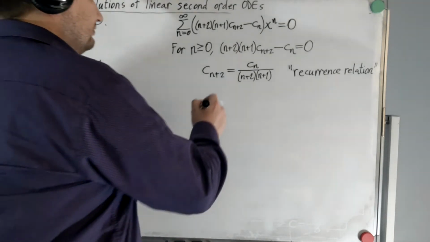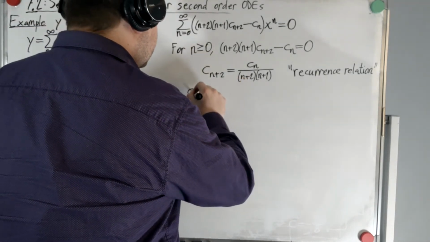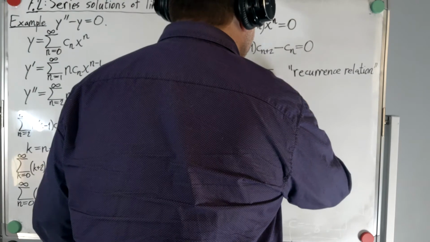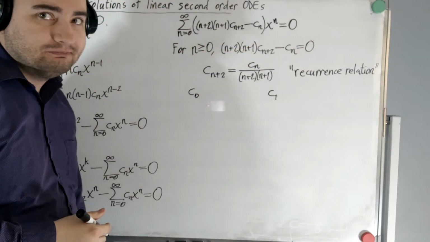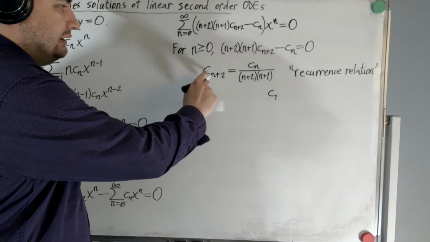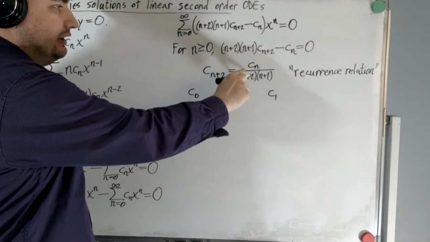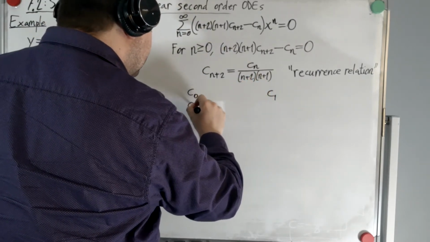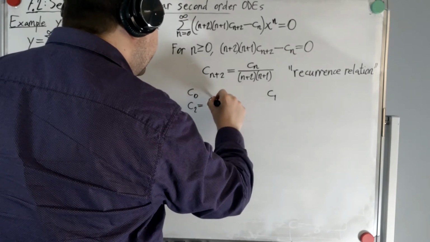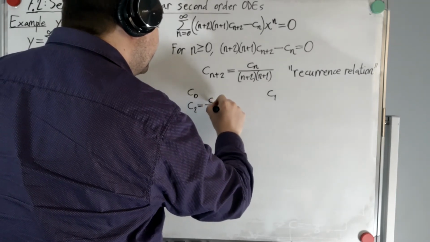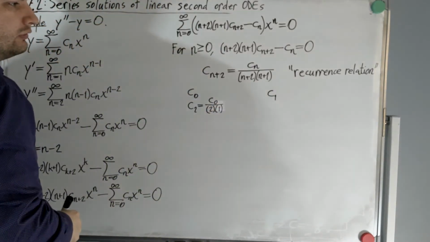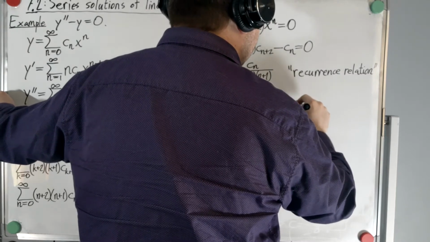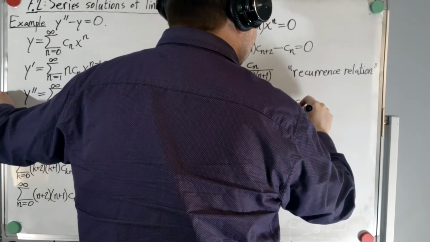So, C0 is whatever C0 is, and C1 is whatever C1 is. But C2, that would be C0 divided by 2 times 1. C3 would be C1 divided by 3 times 2.